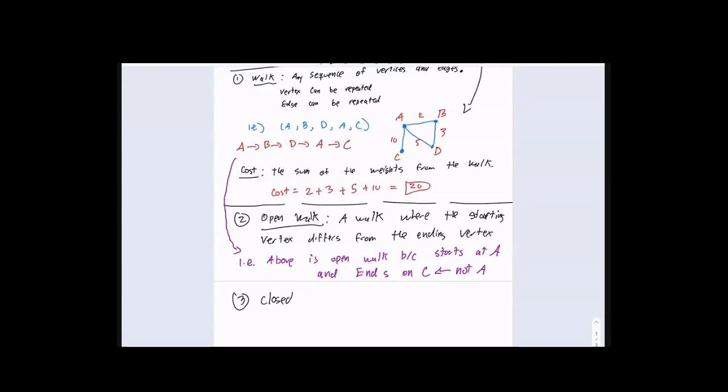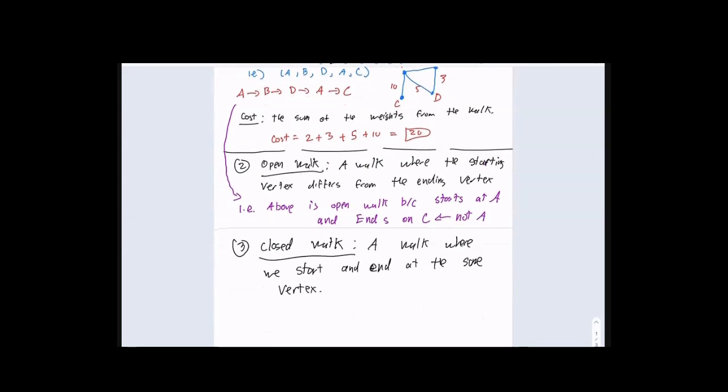And if it starts and ends in the same place, we have what's called a closed walk. A closed walk is a walk where we start and end at the same vertex. Think of a round trip. If you start in Boston and you travel around and then you come back home in the end, that's a closed walk.